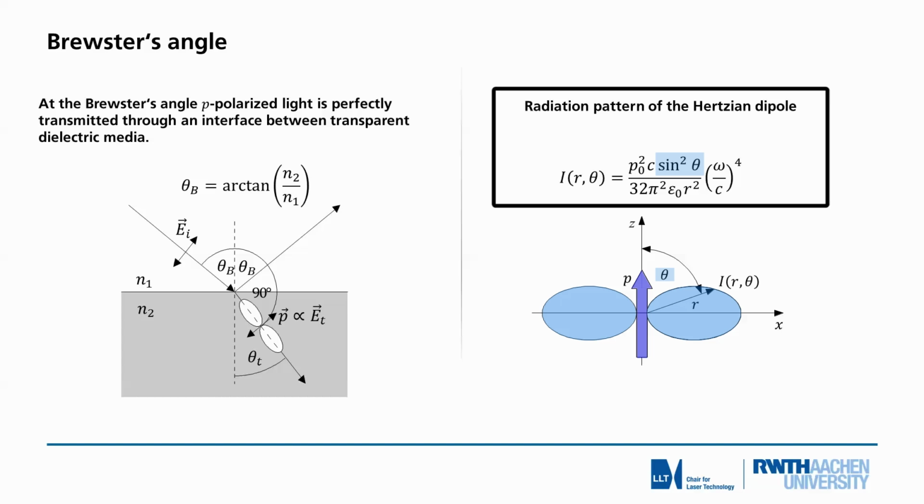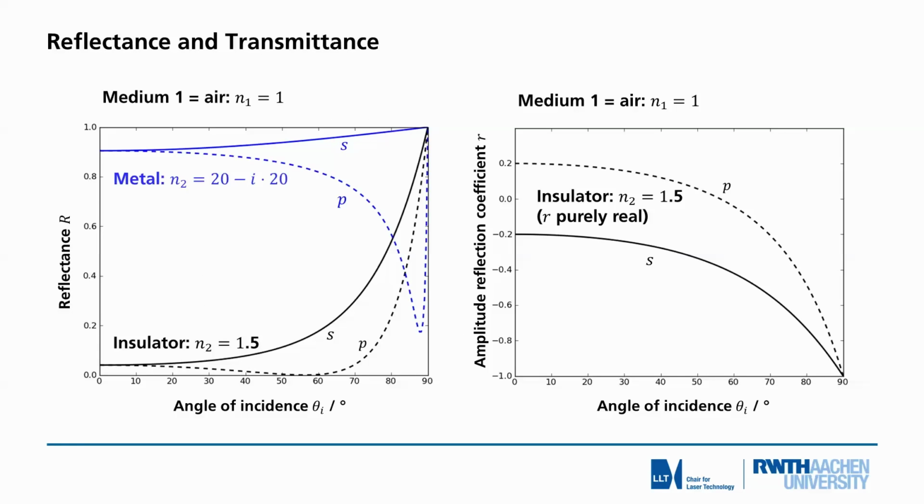And sine of 0 is 0. So in the direction of motion we will have no emission at all. So as a consequence, this explains why we have these minima in reflection at specific angles which represent the case where the reflected beam is exactly perpendicular to the transmitted or absorbed beam in the medium.